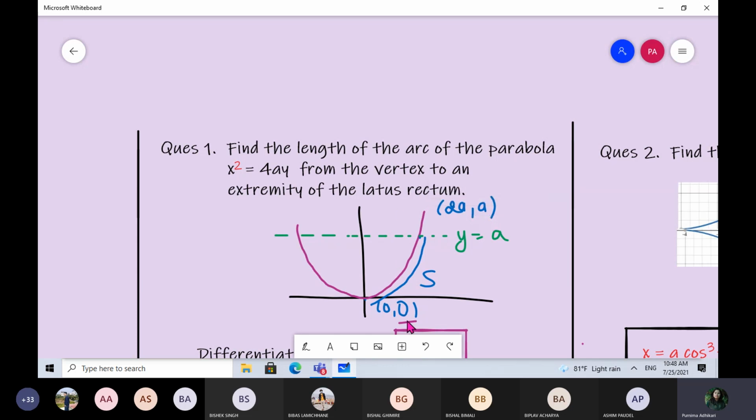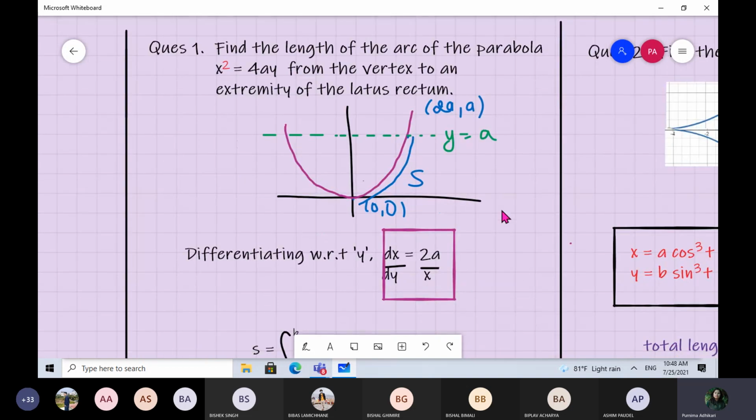Okay, so now here you have a choice. You can integrate with respect to x or with respect to y. With respect to x we are usually doing it. Let's do it with respect to y. So your integration in terms of y will be this.